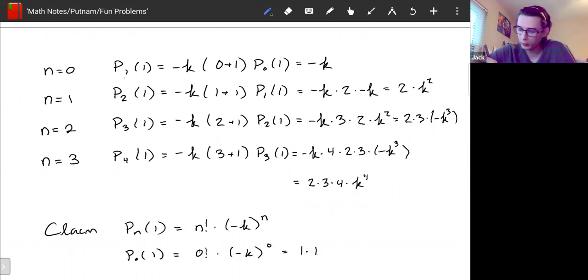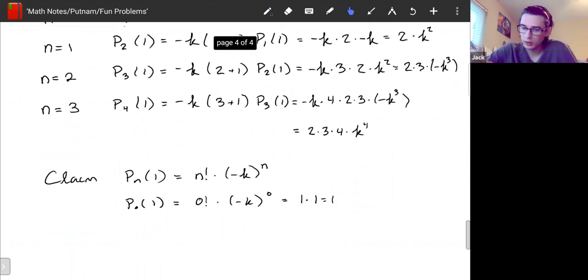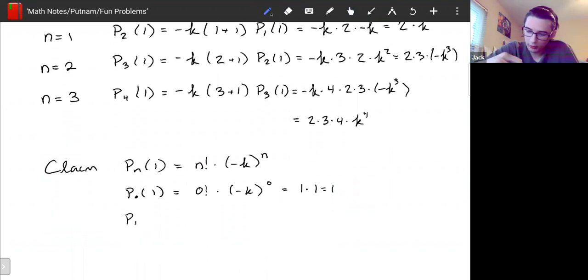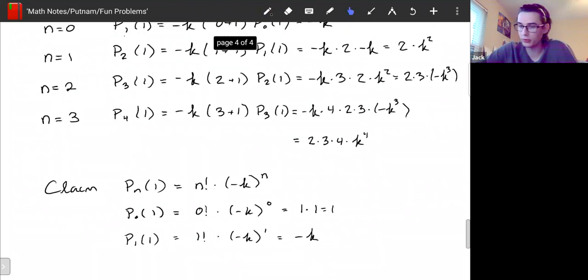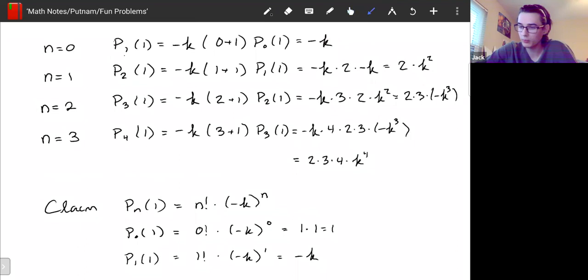Well, that's just 1 times 1, which is 1. And if we do p sub 1 of 1, let's see, that will be 1 factorial times negative k to the power of 1, which is nothing more than negative k, which is exactly what we got up here.